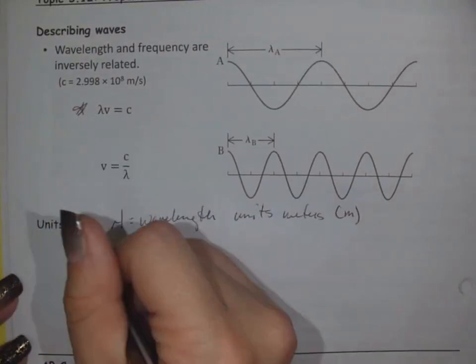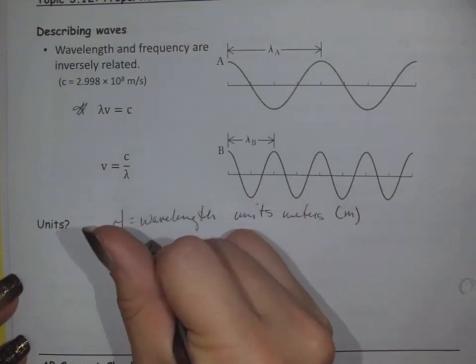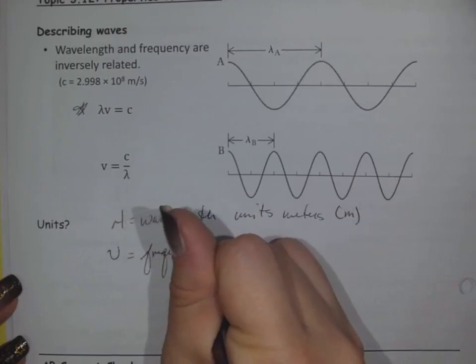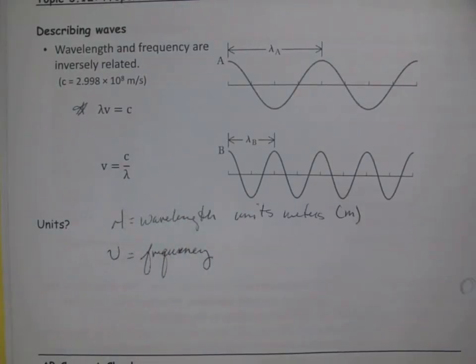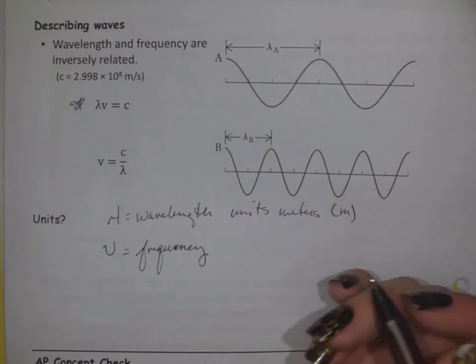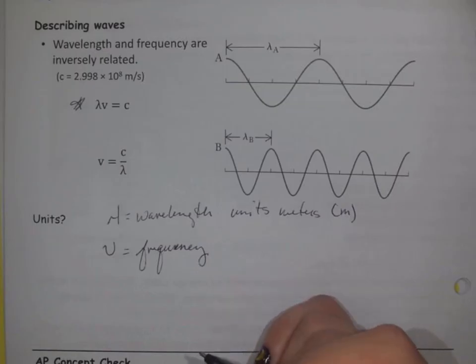Wavelength is equal to frequency. So now we know that this scripty V here is frequency. Frequency is how many waves pass in a given amount of time, and that given amount of time is seconds for us. But like, imagine with me. Let's say we're at the beach, we walk out to the end of the dock, and we're watching waves come in and they're hitting the dock, okay?